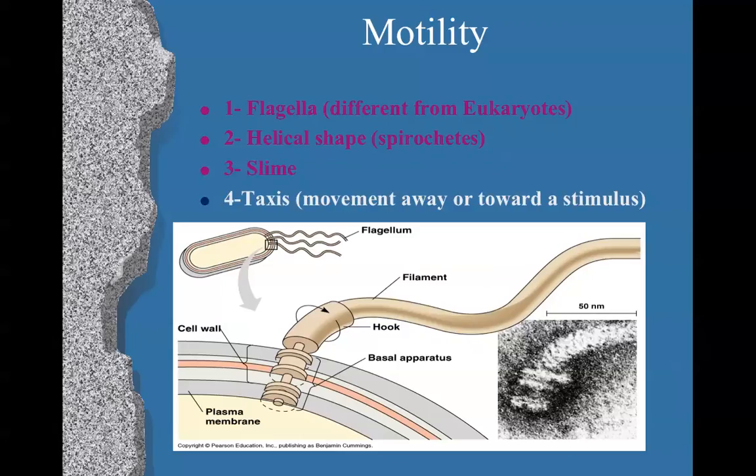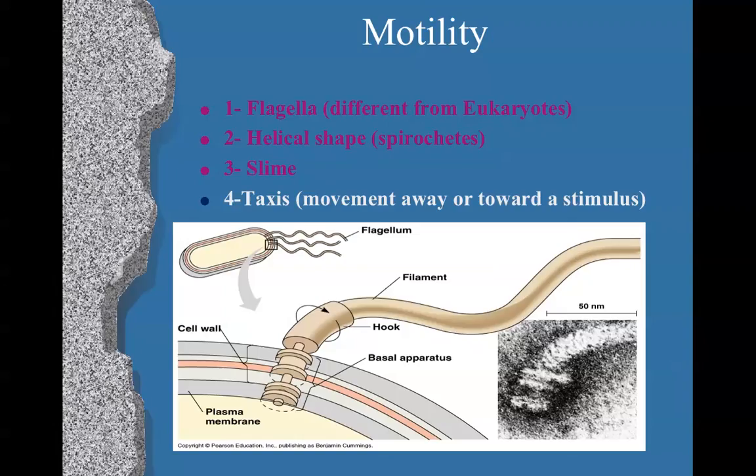And you'll remember from our talk on ecology at the very beginning of the year that taxis is a movement away from or towards a stimulus, and bacteria exhibit many different types of taxis, for example, towards light if we're talking about photosynthetic bacteria. How does a small tiny organism find food sources?